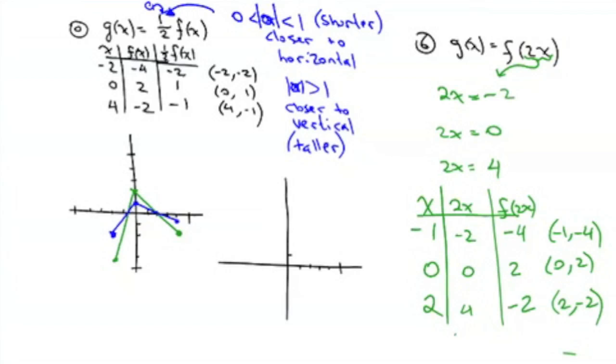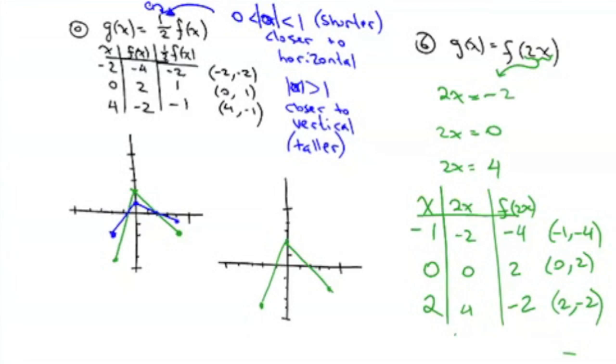Draw it real quick. Original one, -2, -4, 0, 2, 4, -2. There's the original function.